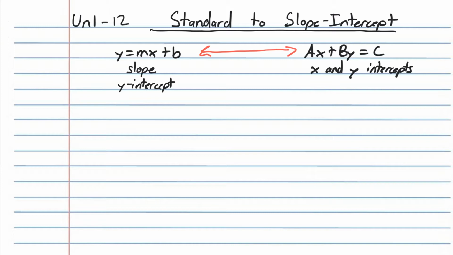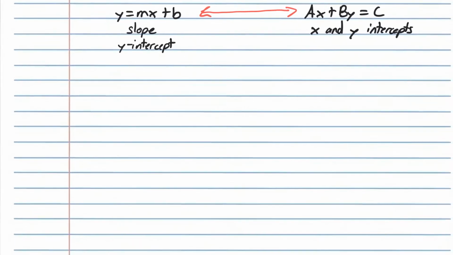Okay, so that's what I want to go over in this video: how do you take an equation that's in one format and change it into the other format? In the first example, we're going to start off with a standard form equation. The directions are going to be: change the equation to be in slope-intercept form.